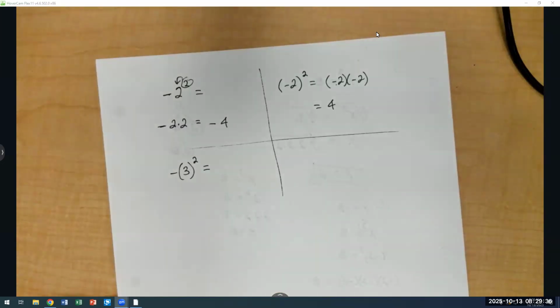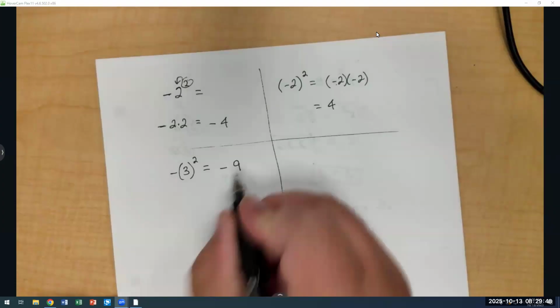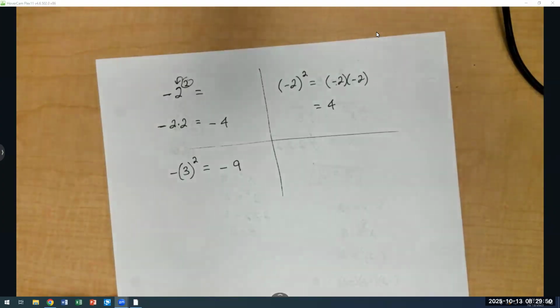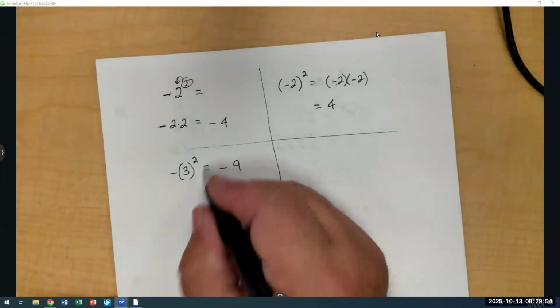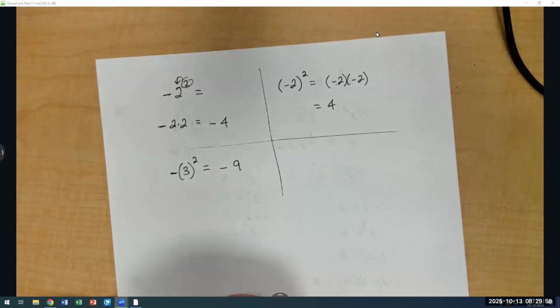What's that one going to equal? Exponents are not multiplication of 3 times 2. This negative is on the outside.